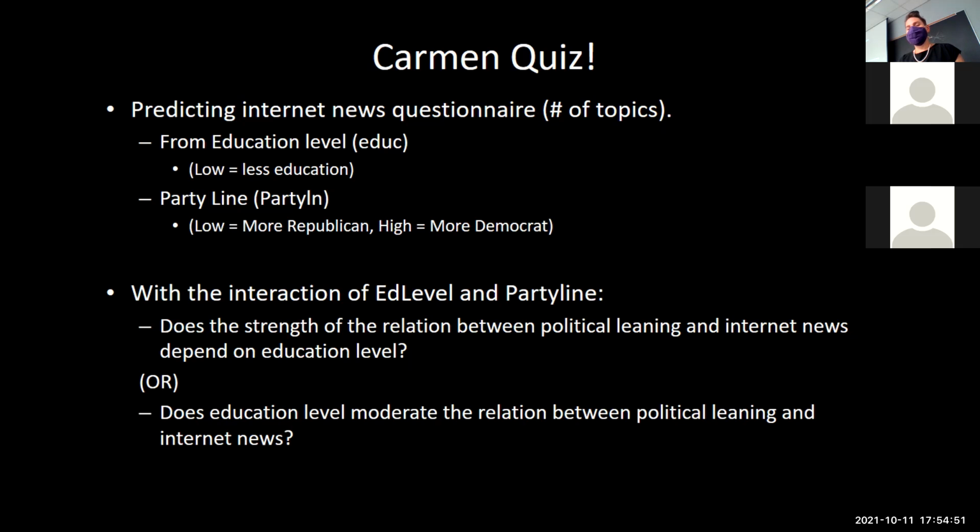It's from older data, but still works. Or you could also ask, does education level moderate the relation between political leaning and getting your news from the internet? So, 3 key variables: education, party line, and getting your news from the internet.